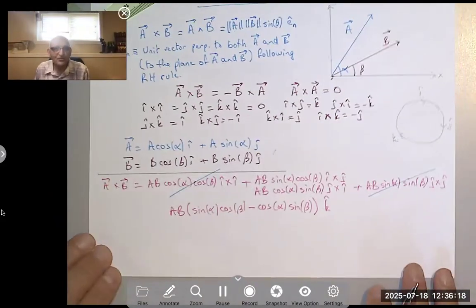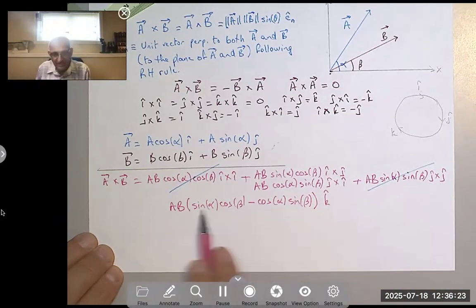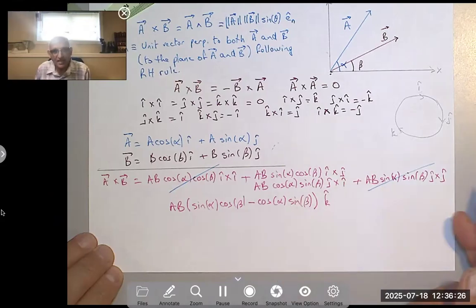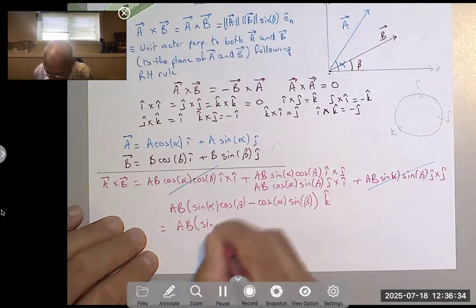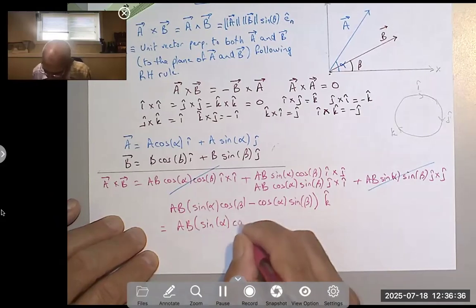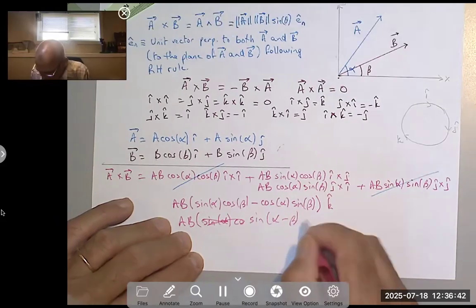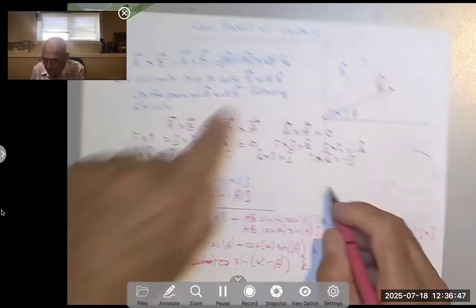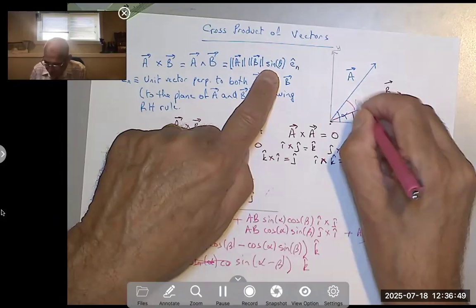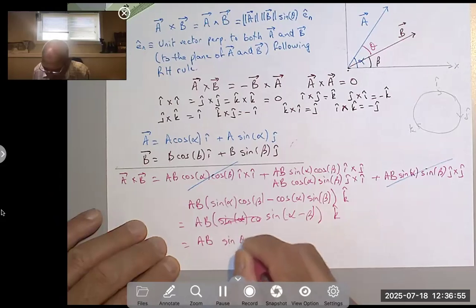For those of you who remember how to simplify that, sine cosine minus cosine sine is sine alpha minus beta, so equals AB times sine alpha minus beta k. But alpha minus beta is the angle between them, which we refer to here as theta. So it's AB sine theta k.